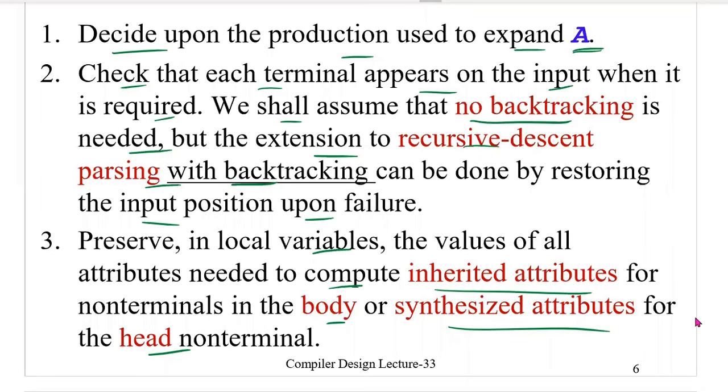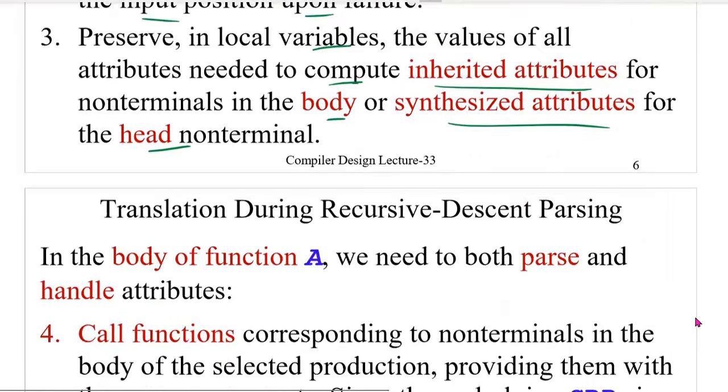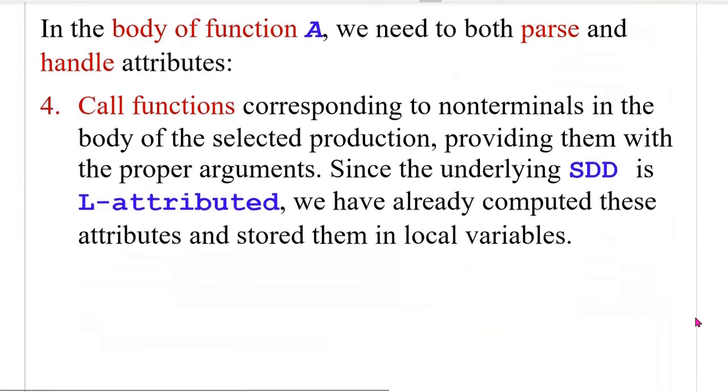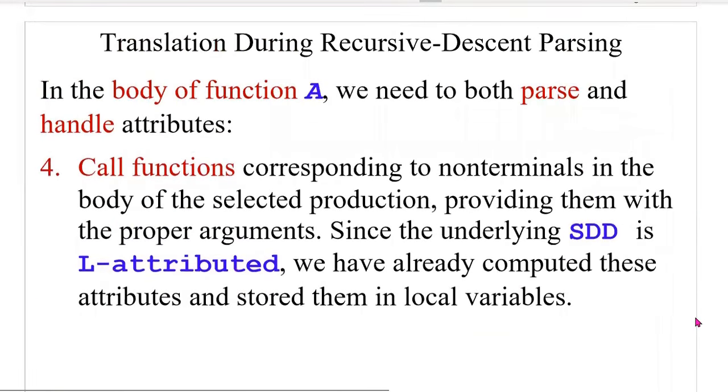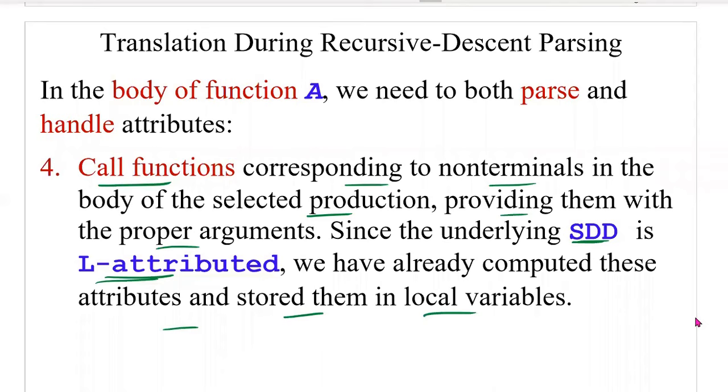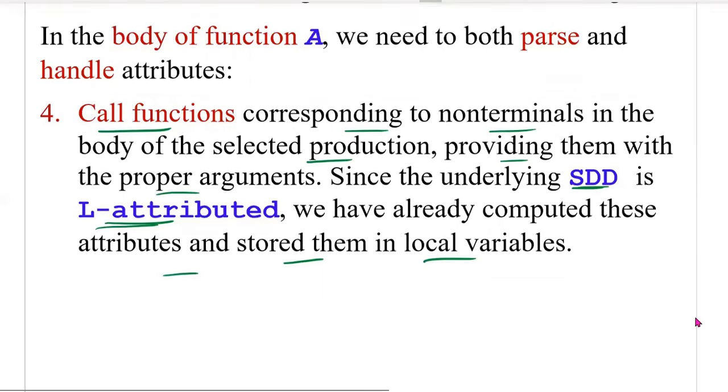Then the fourth point: call functions corresponding to non-terminals in the body of the selected production, providing them with the proper arguments. Since the underlying SDD is L-attributed, which is suitable for top-down parsing, we have already computed these attributes and stored them in local variables.